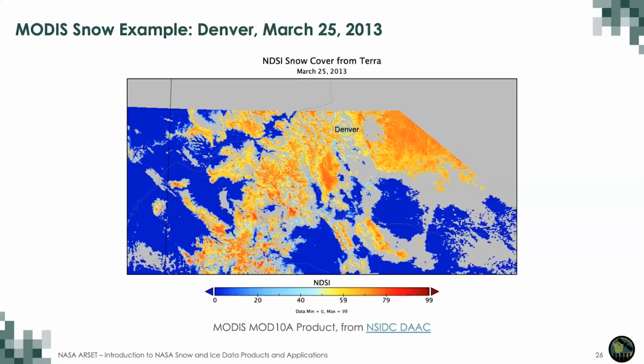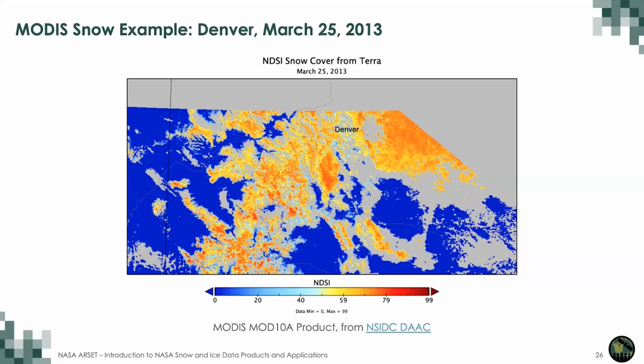You put those together into the NDSI, and this is again scaled 0 to 100. The NDSI generally goes between 0 and 1, but the scaling here is given as 0 to 100, so it's just a difference in scaling. Again, you get quite high values east of Denver in the orange and reddish colors. Denver doesn't really get retrievals because of the city, and there are also other blank spots due to clouds, where it's not getting data.